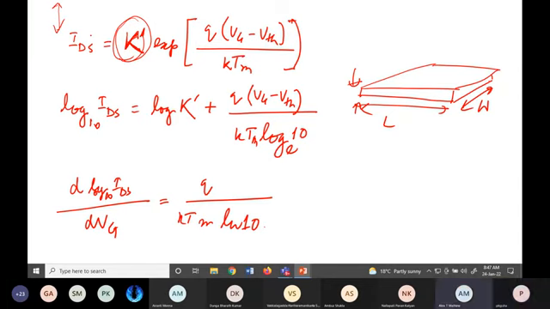So if K dash is a constant, it just depends upon the dimensions, right? So if you are having more slope, the IF would be smaller, right?